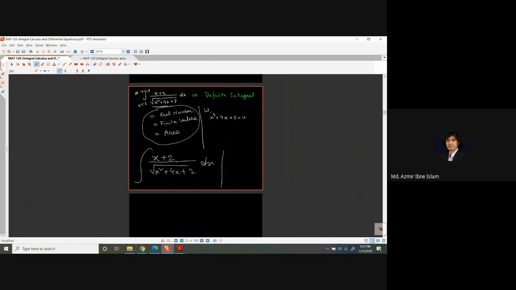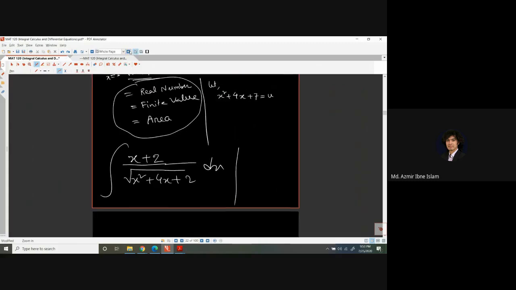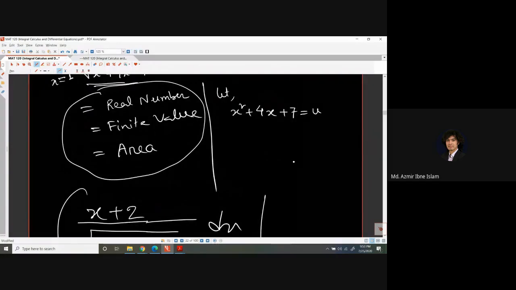So we have already taken x squared plus 4x plus 7 as u. Then the second step will be differentiation, because the u-substitution method allows us to differentiate that function.